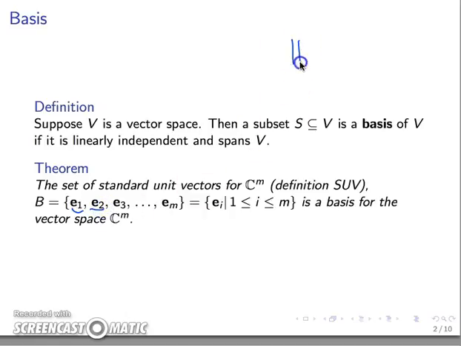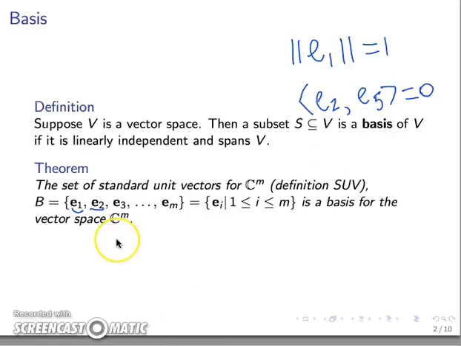Each of these vectors has norm equal to 1, and if you take any two of them, say E2 and E sub 5, the inner product between them is 0. These vectors are orthonormal, and they form a basis for the vector space Cm.